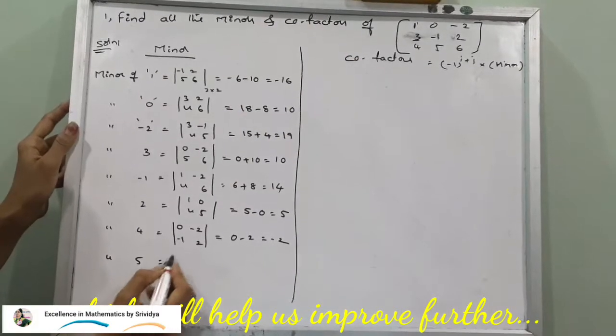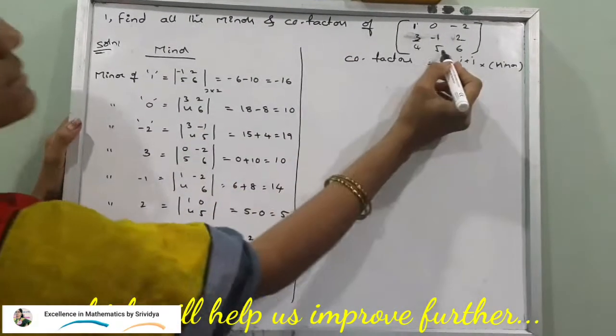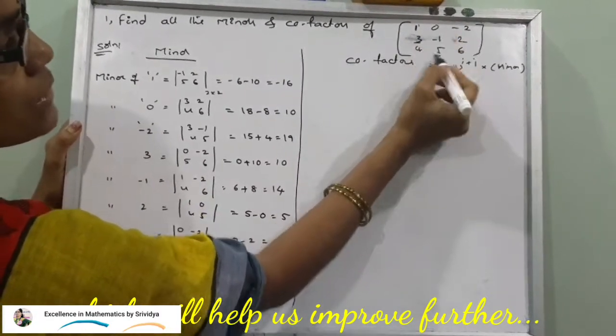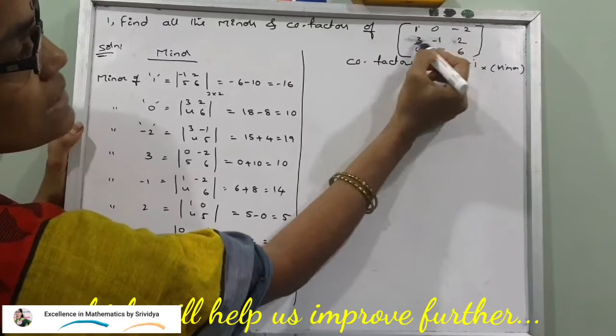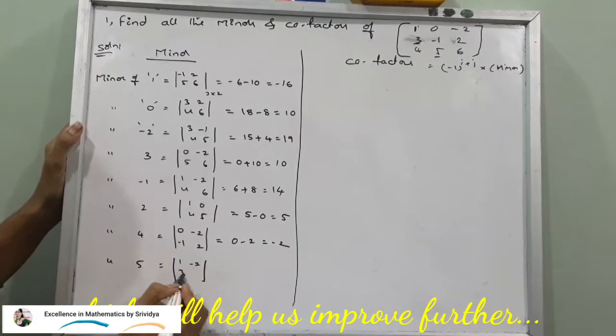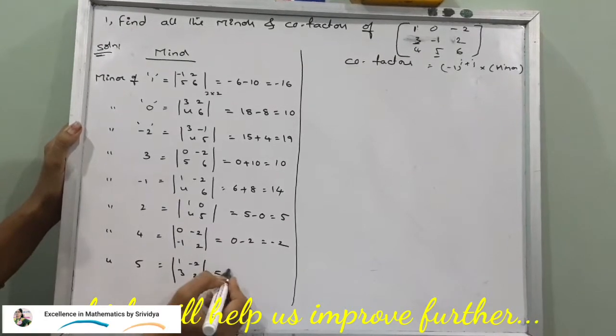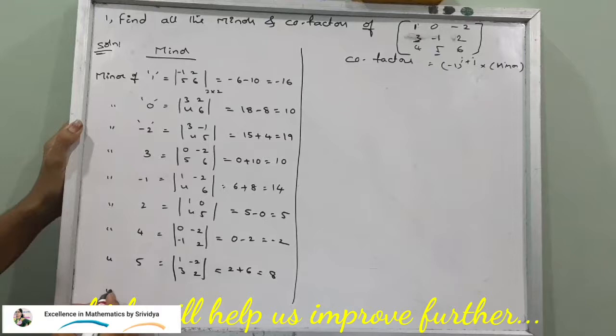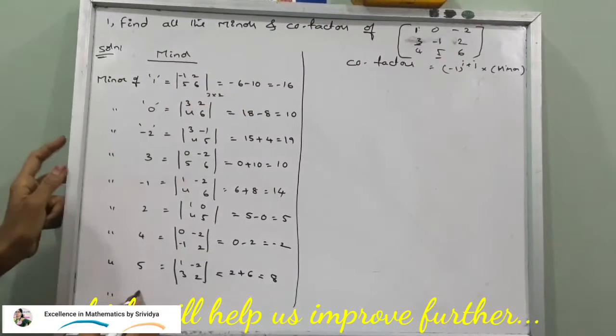The minor of 5: 5 is in the third row, second column. The remaining submatrix is 1, minus 2, 3, 2, which is equal to 2 plus 6, which is 8. And the last element is 6.